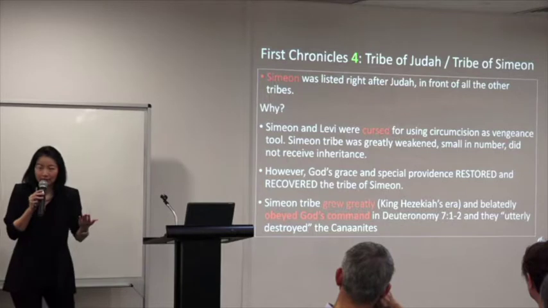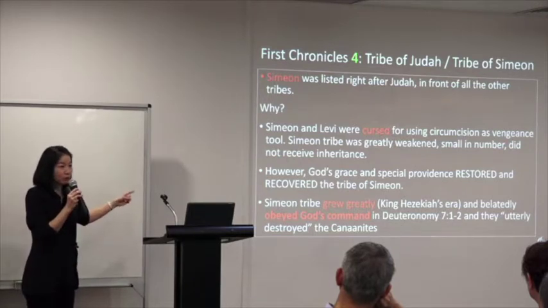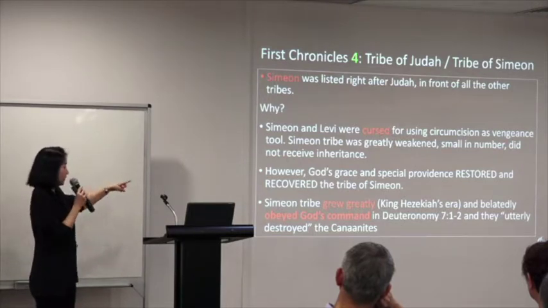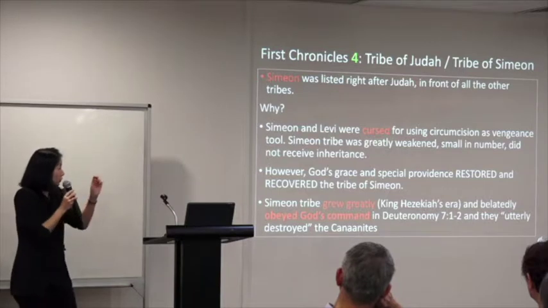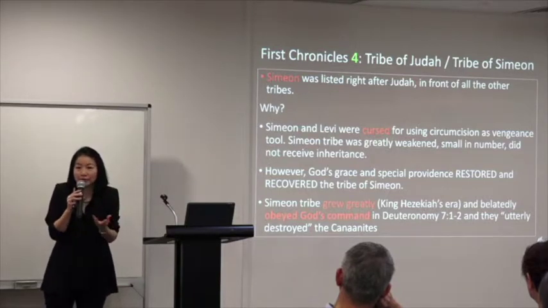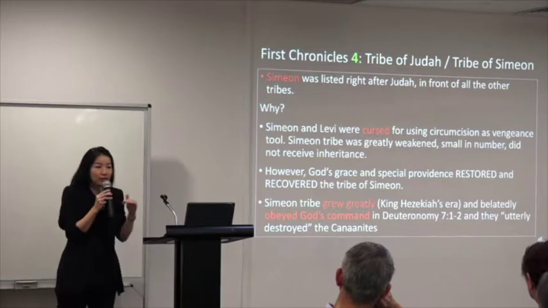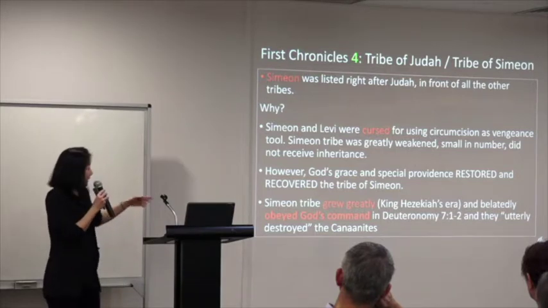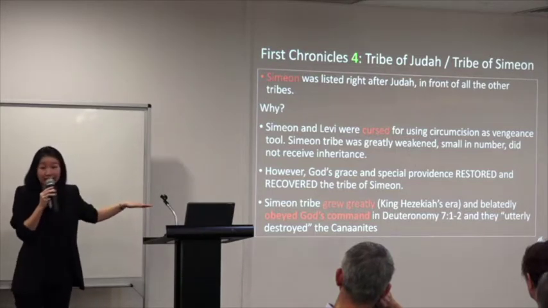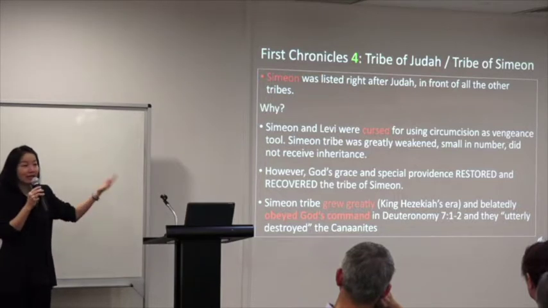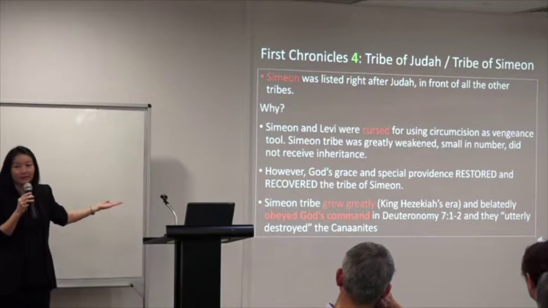But the Simeonites were restored. How were they restored? This tribe was so weak and so small, they could not receive an inheritance, so they had to stick to Judah and get a bit of land from them. But later on, during King Hezekiah's era, they were late to the game, but they did follow.